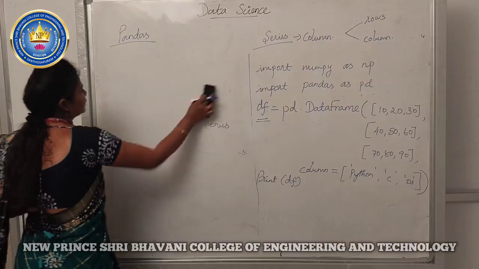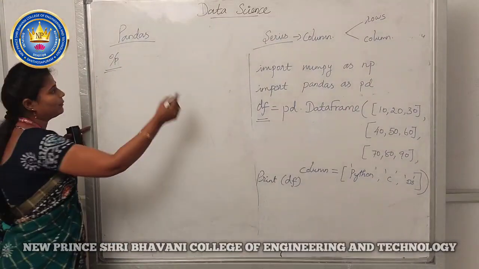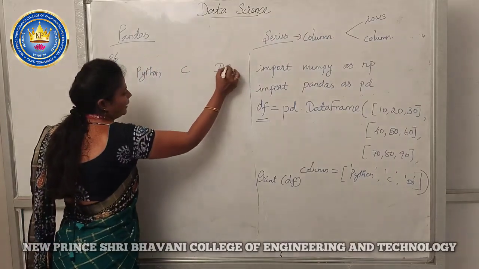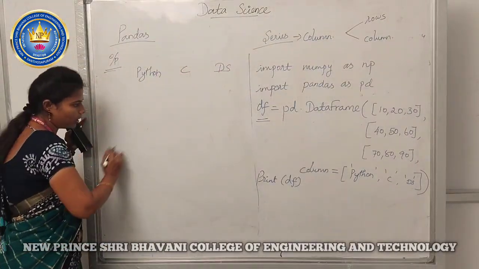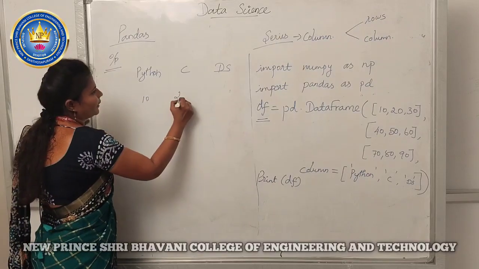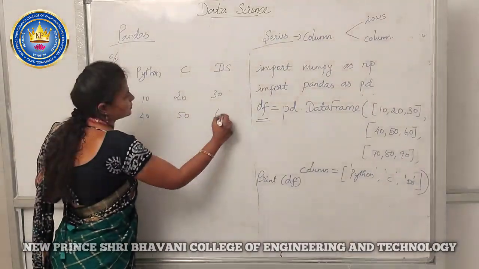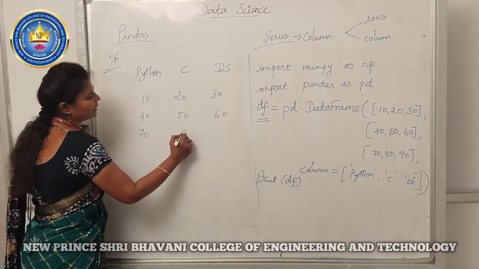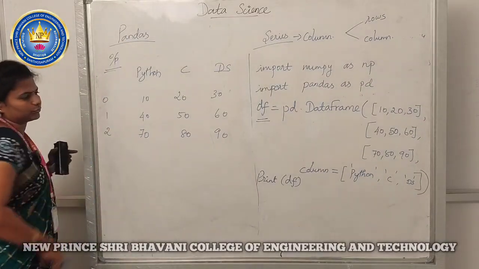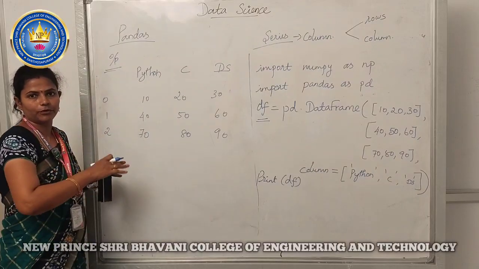We have the column names Python, C and data structure, with the row values 10, 20, 30, 40, 50, 60 and next 70, 80 and then 90, with indexes 0, 1, 2. This is our output for this particular program.